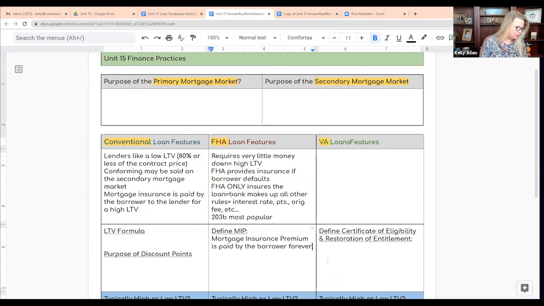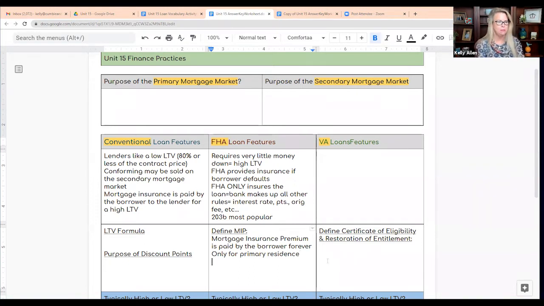What else does it say about that in your syllabus? Okay. The borrower has to occupy the property, so according to your syllabus, it is only for primary residence, not investment.